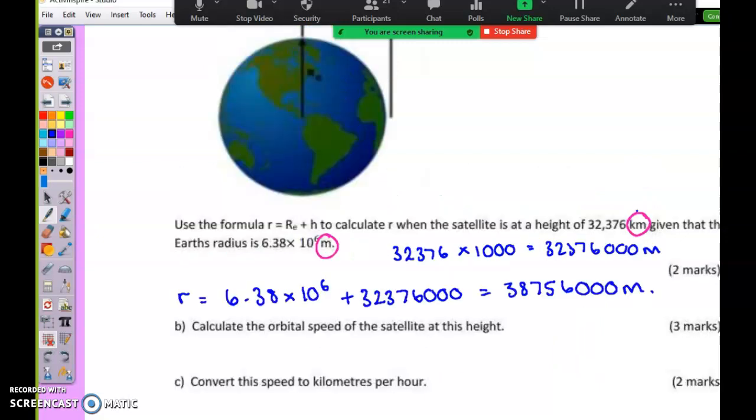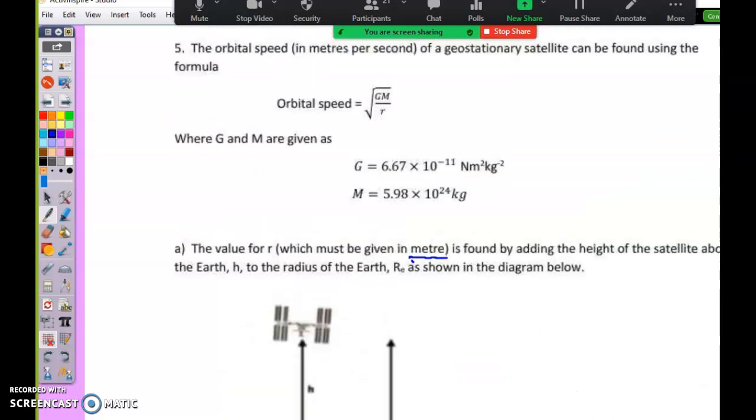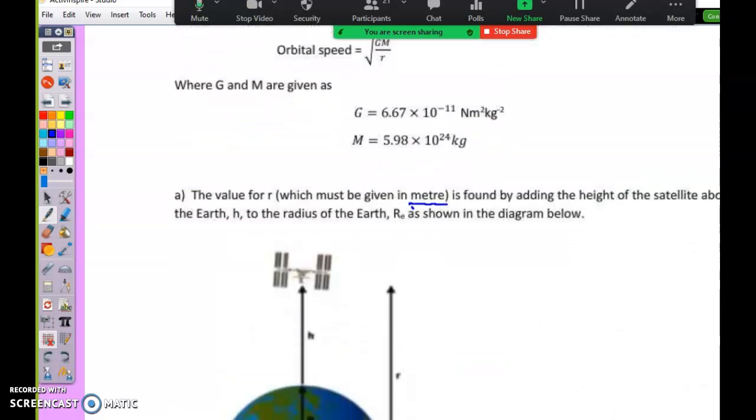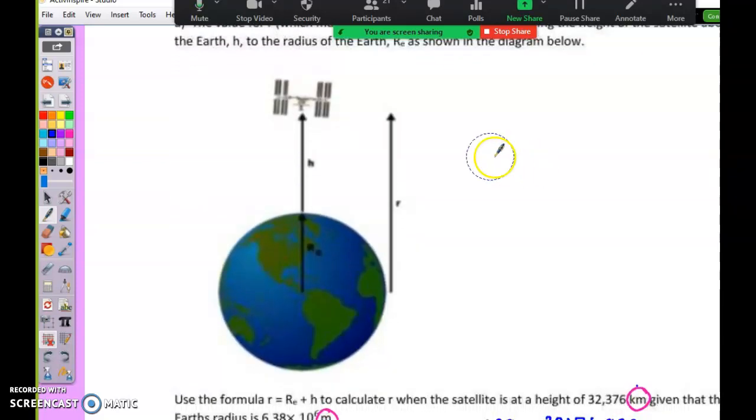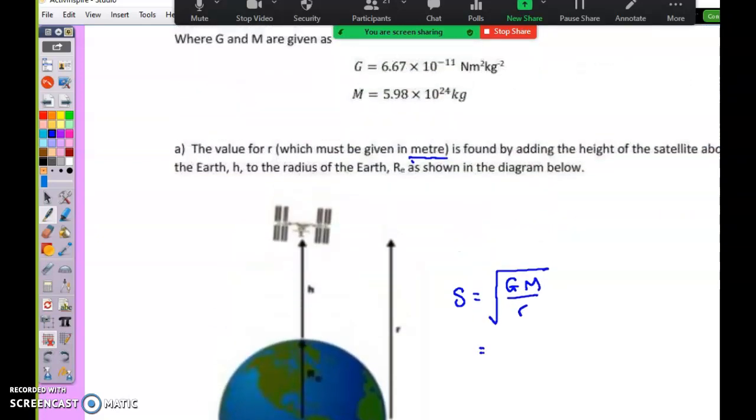Okay, we're going to find this orbital speed. The orbital speed formula is orbital speed is the square root of GM over r. Right, G and M you've been given up here.